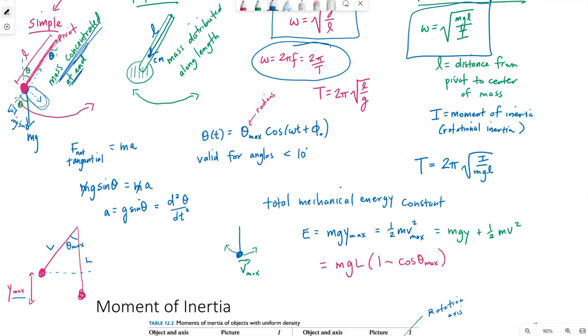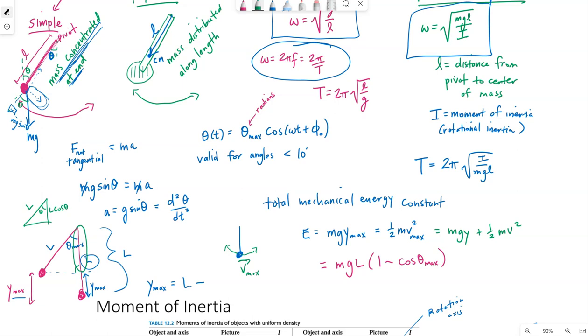Well, y max is simply this height right here. The total length is this L. So y max ends up being L minus whatever this portion is. And just using trig, if I think about the triangle I have on top, this side's L, this is theta, this side would be L cosine theta.